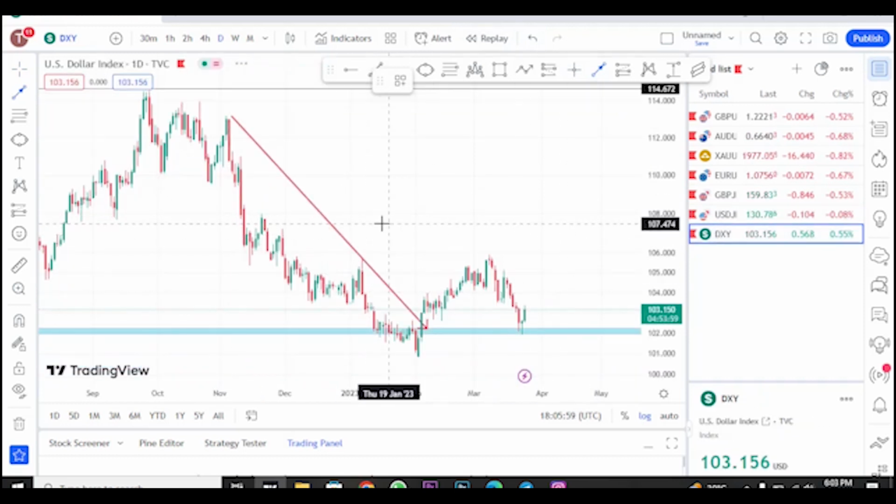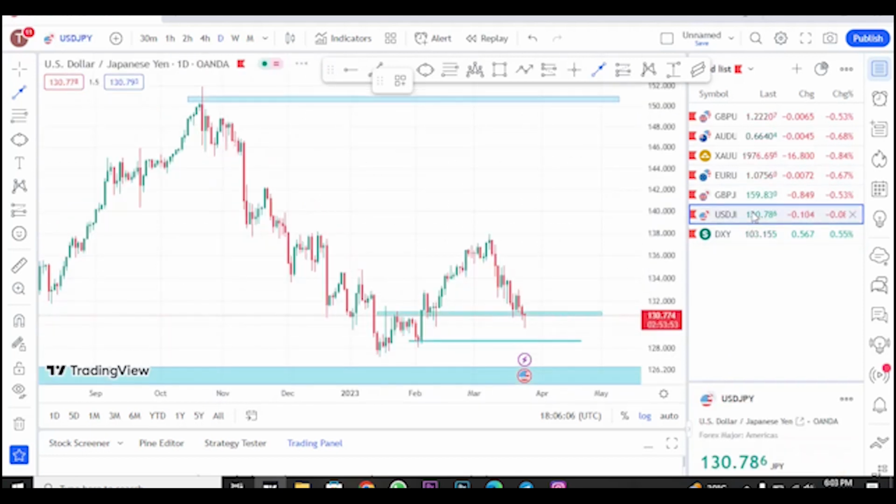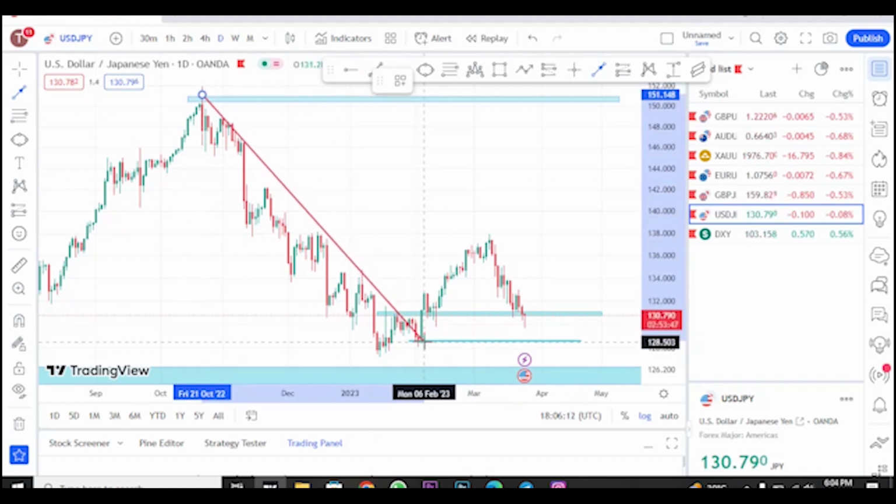Since the DXY, the dollar index, was moving in a bearish type of movement, exactly this is how the USD JPY also moved massively in a bearish type of movement. That is basically what the dollar index means.